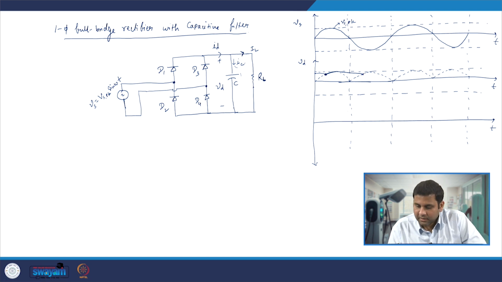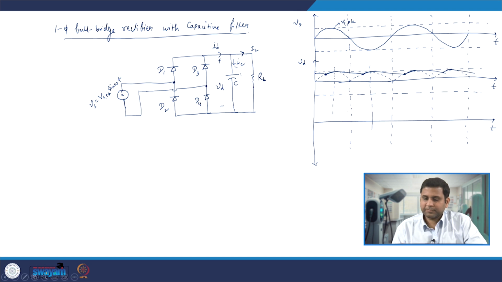and thus again the capacitor will get charged, and again at that point, which is nearly at the peak, the capacitor will be discharging, goes till this point, again it will be charging up to the peak, and again it will be discharging, and then again it will discharge as it goes along.